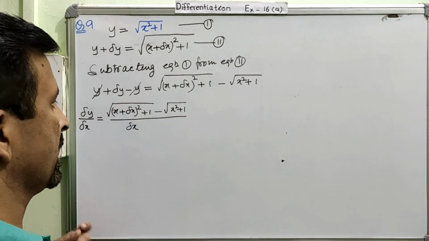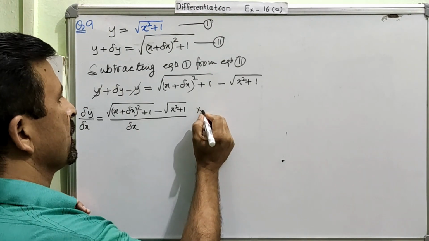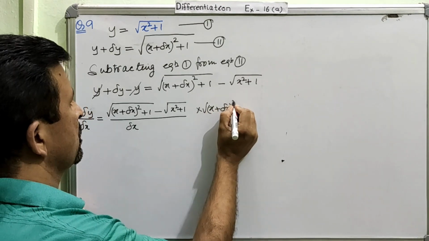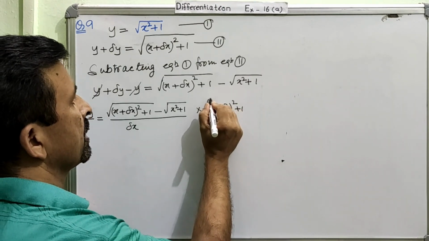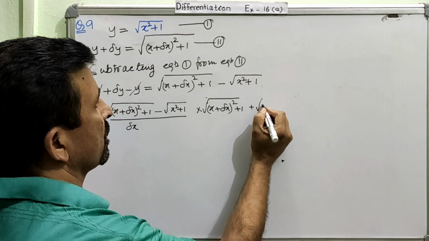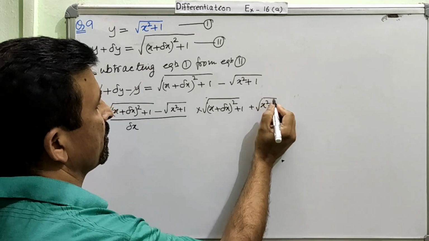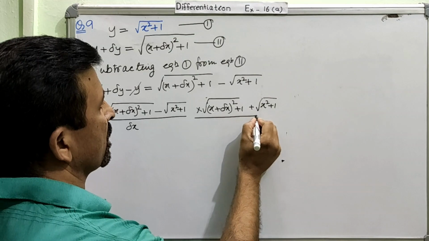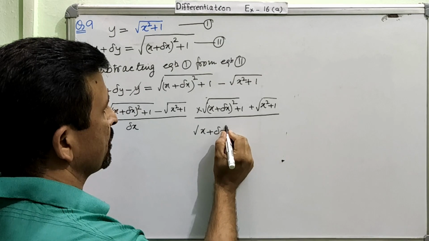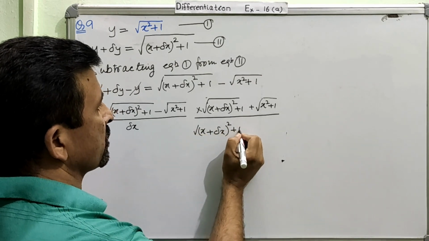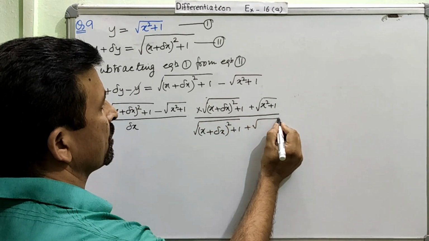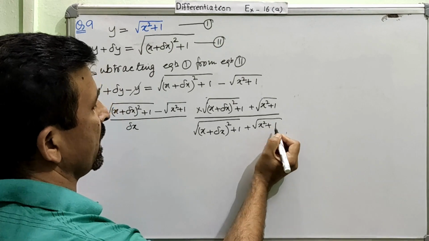In the same step we can do the rationalization also, into root over x plus delta x whole square plus 1, and in place of this minus we now have a plus sign, so root over x square plus 1. Am I clear? The denominator also we will write the same thing, root over x plus delta x whole square plus 1 plus root over x square plus 1.